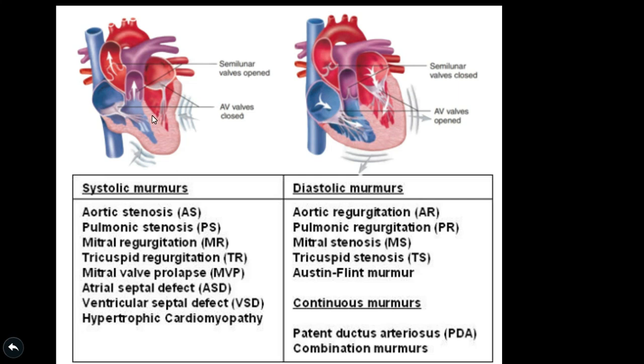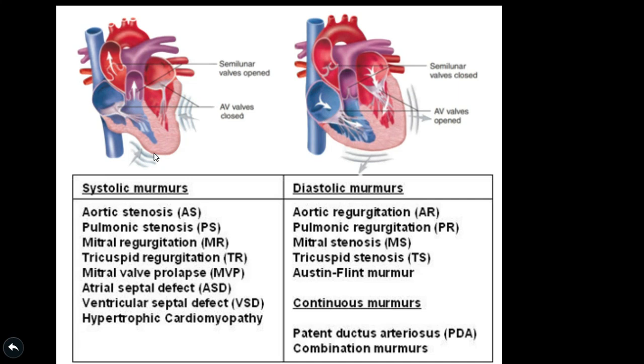But normally the blood should go to the aorta and the atrioventricular valves are closed. The mitral valve is closed. For the right side, normally during contraction, blood should go to the pulmonary artery while the tricuspid valve is closed. If there is a defect in the mitral valve, the blood from the LV goes back to the left atrium, causing mitral regurgitation.